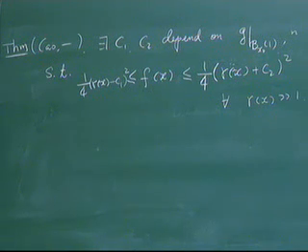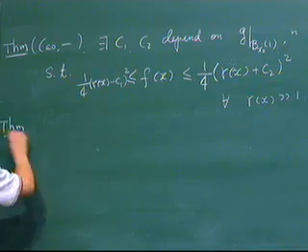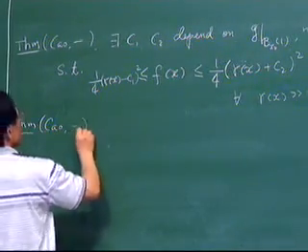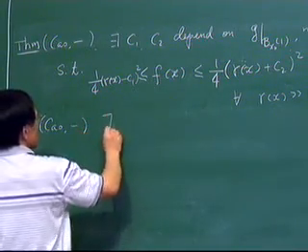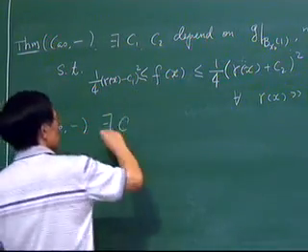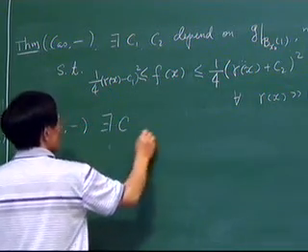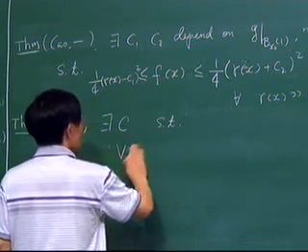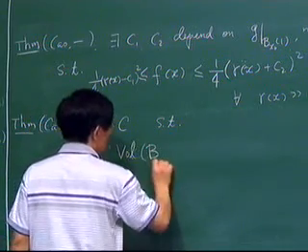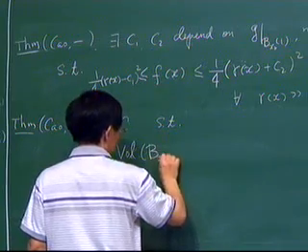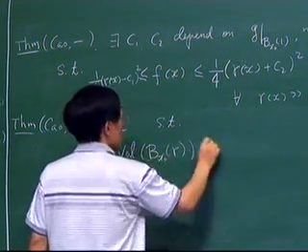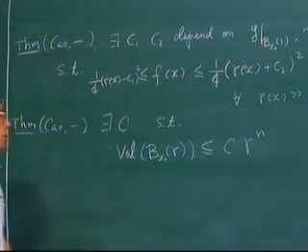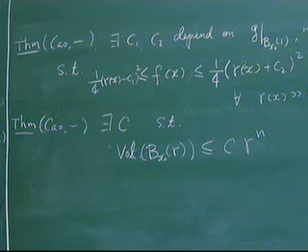Using this estimate, we can also prove a volume estimate. There exists a constant, also depending on the ball, such that the volume of the geodesic ball B(x0, r) is less than or equal to this.